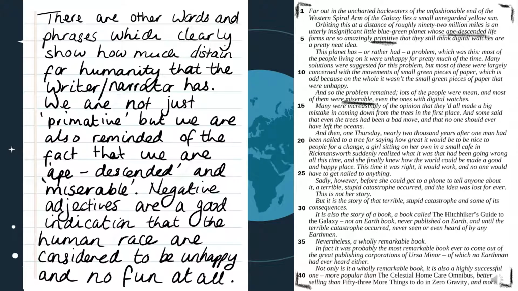There are other words and phrases which clearly show how much disdain for humanity the writer-narrator has. We are not just primitive, but we are also reminded of the fact that we are ape-descended and miserable. Negative adjectives are a good indication that the human race is considered to be unhappy and no fun at all.